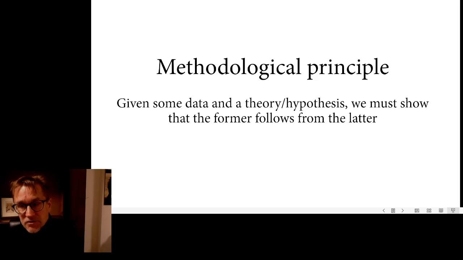But here we have to actually demonstrate that the data we have follows from our theory. So we have to construct the proofs also. We have to prove that the hypothesis is justified by the data. And all these steps therefore also have to be unambiguous.